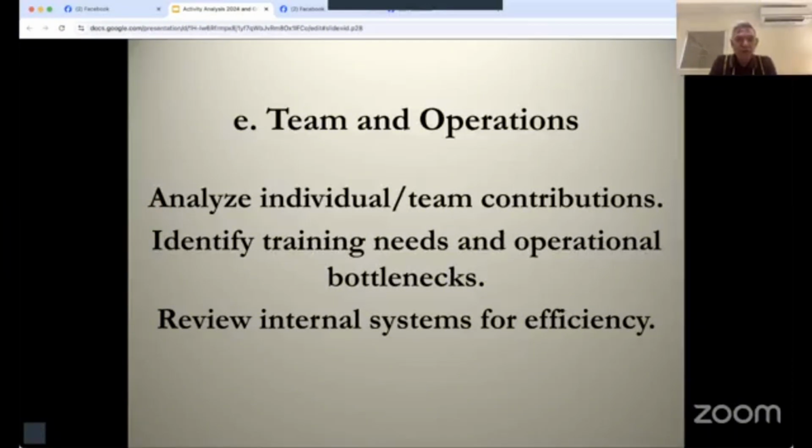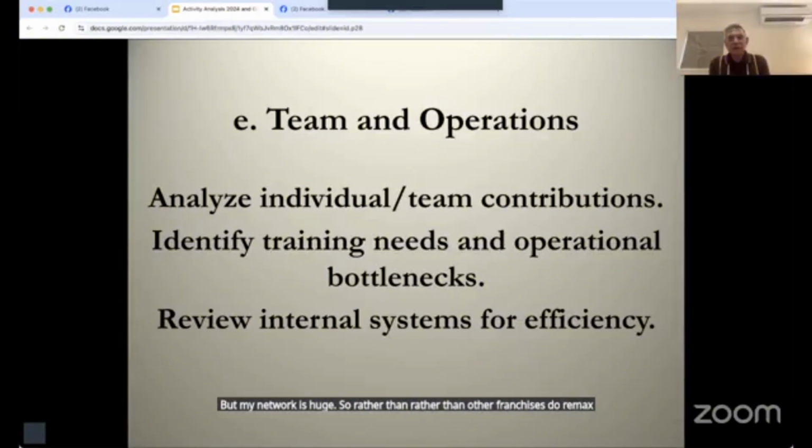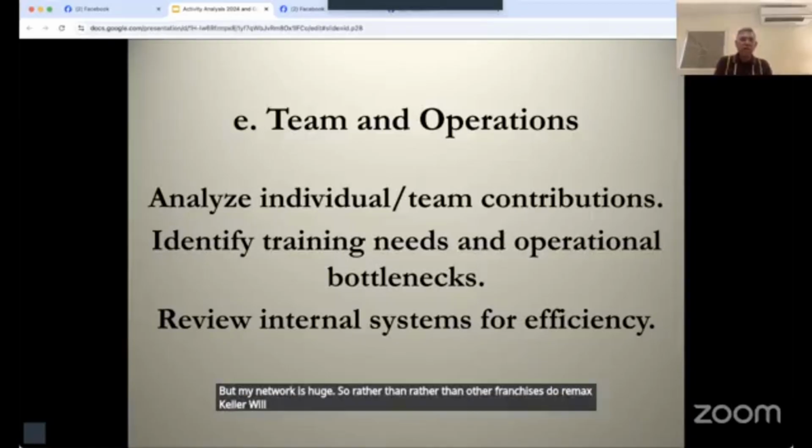Team and operations. Obviously, I'm a small operation, but my network is huge. So rather than what other franchises do, Remax, Keller Williams, or the others, I create a team.